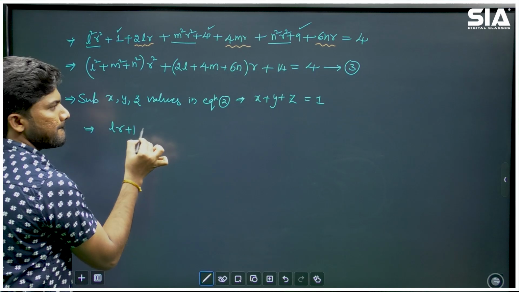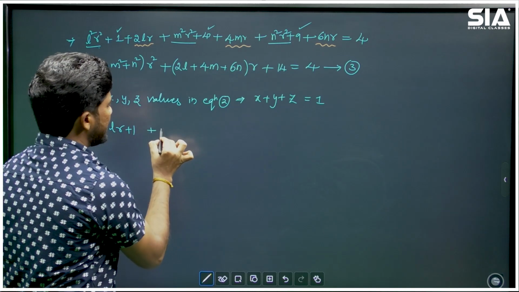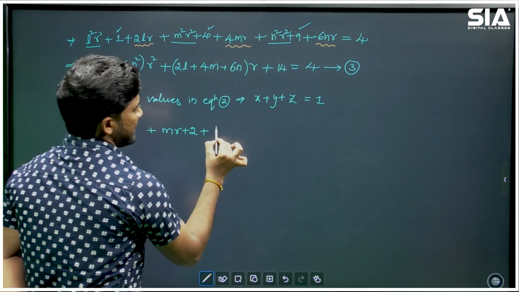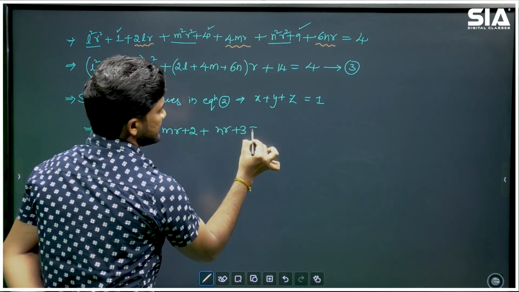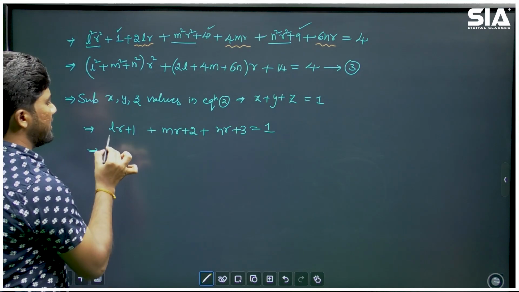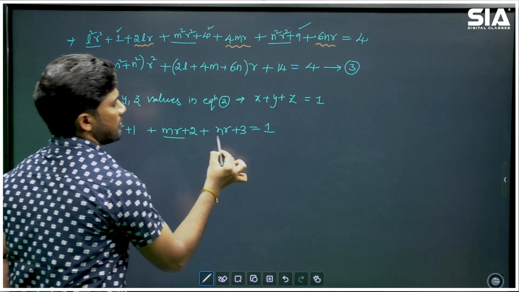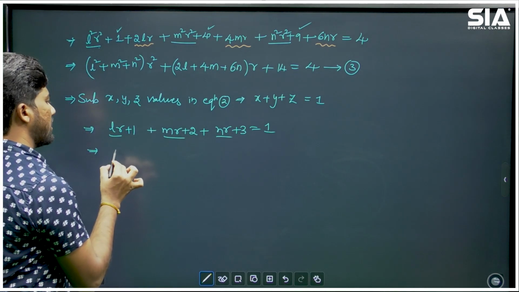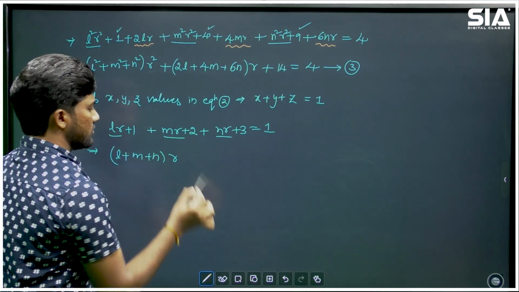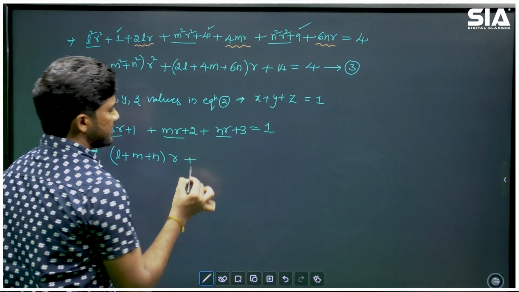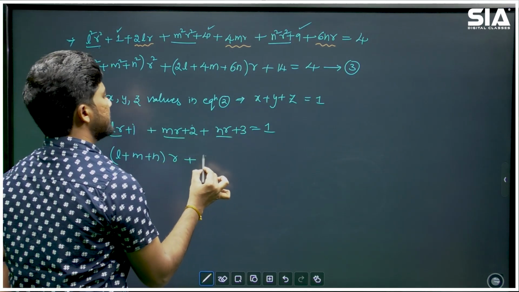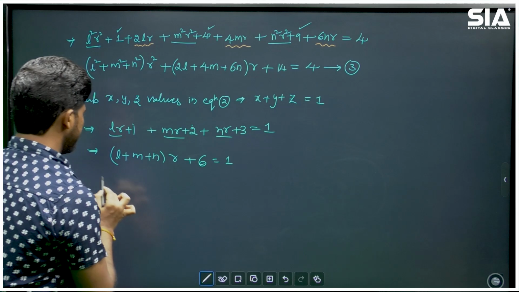LR plus 1, plus y value MR plus 2, plus z value NR plus 3 is equal to 1. Therefore, how many small r values are there? LR, MR, NR. Take small r common: (L plus M plus N) into small r. How many constants are remaining here? 1 plus 2 plus 3, so total 6. 6 is equal to 1.